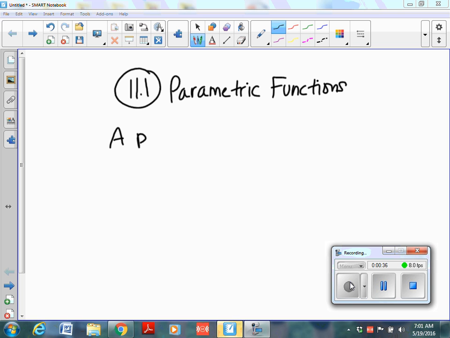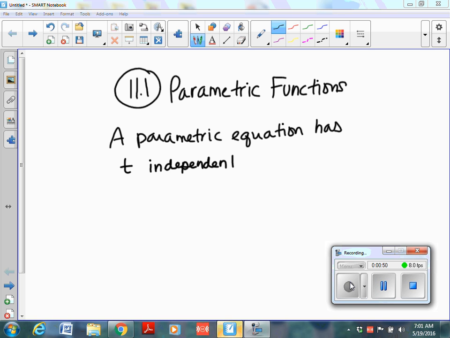A parametric equation has t as the independent variable and x and y as the dependent variables.